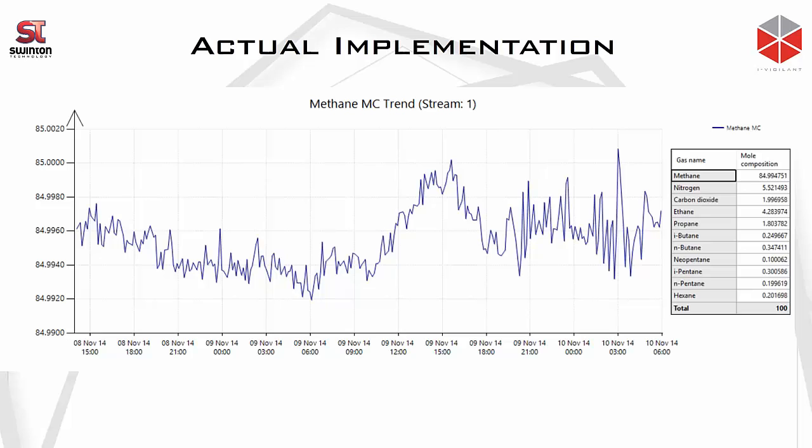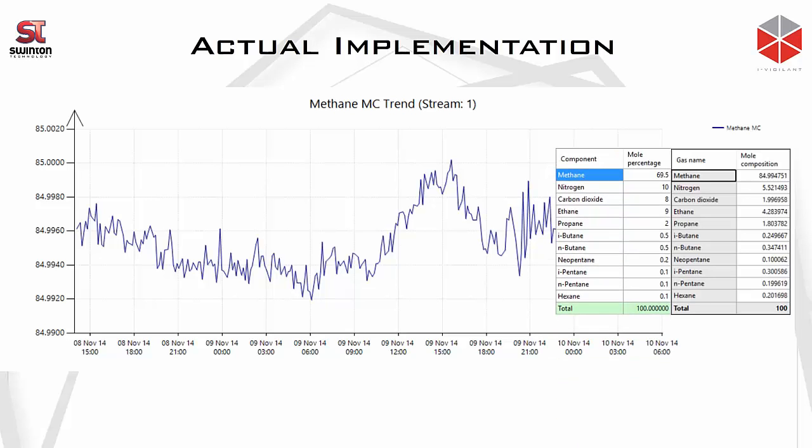So this is the actual implementation. If we have a mole composition trend, and this is the actual mole composition trend, we can then compare the multi-level calibration mole percent against a single point calibration mole percent.